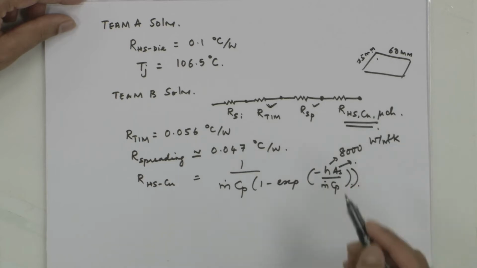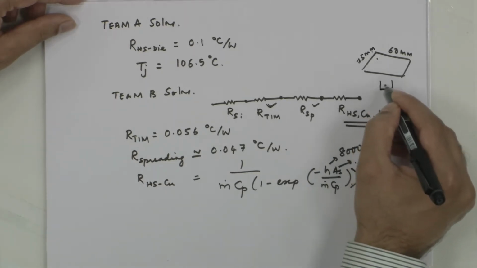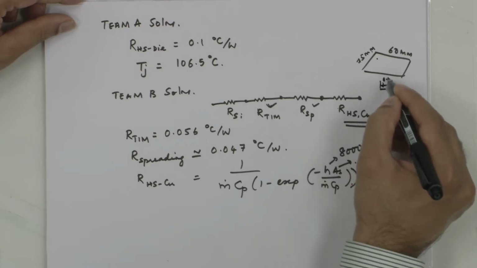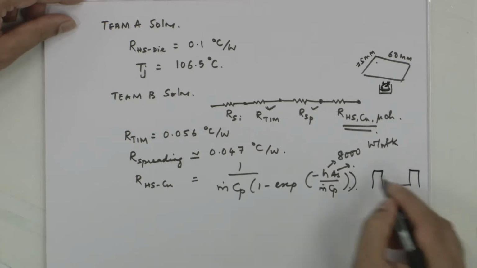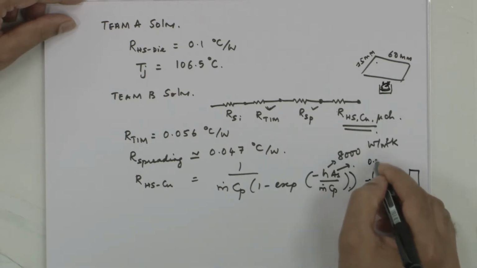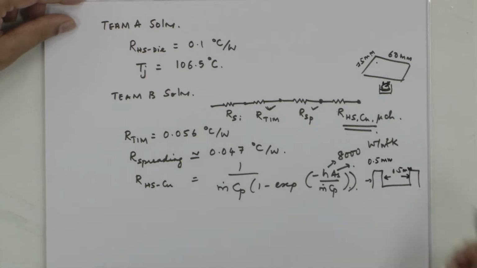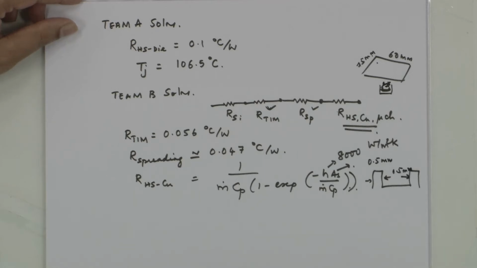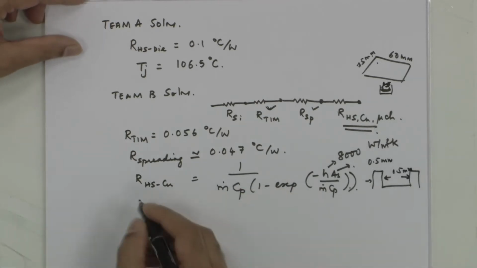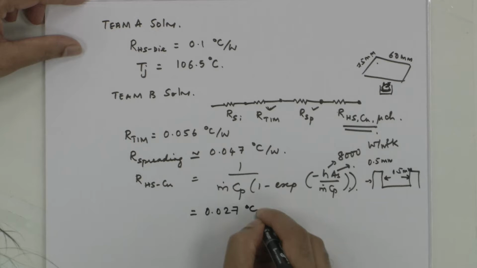So, we need to include this here, and we need to calculate a surface area the same as before, where the fin is 0.5 mm thick and the channel is 0.5 mm wide. It is very similar to before. With all these numbers and m dot from previous, we can easily estimate the cold plate or heat sink resistance to be 0.027 degree C per watt.